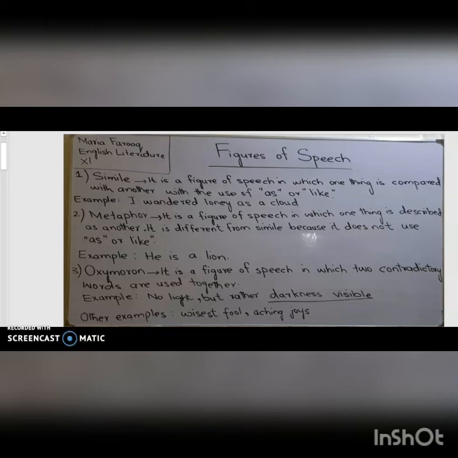Darkness visible. How is darkness visible? How can a fool be a wisest one? So in this slide specifically, you can see on the board, we studied simile, metaphor and oxymoron. Now we will proceed.